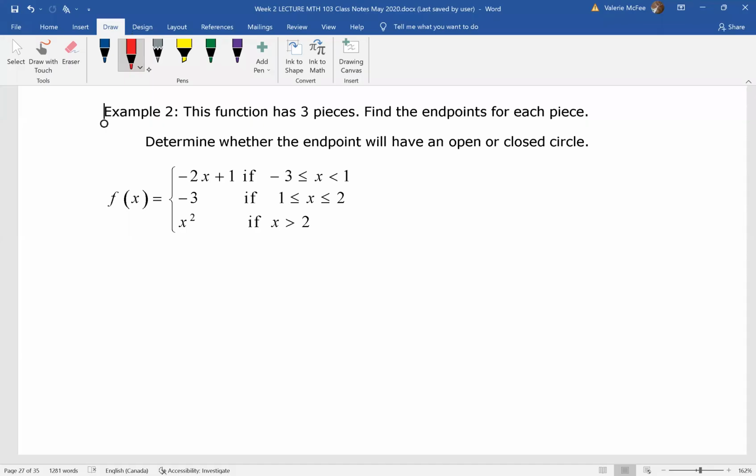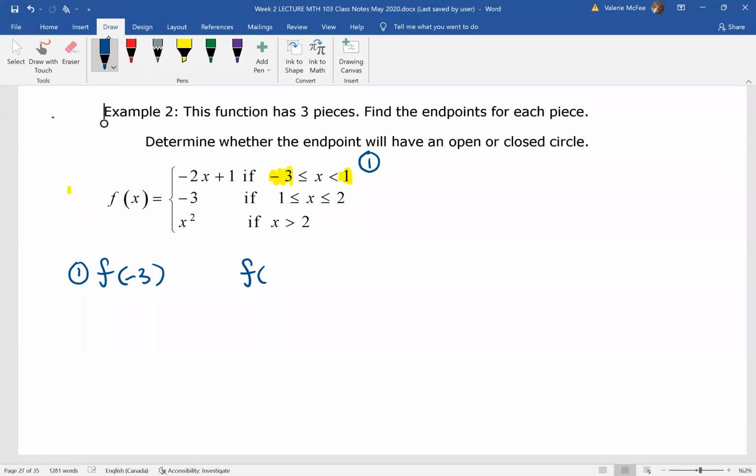Here's a second example. Let's work through this one. We're going to start with the first piece. We see that this one has 2 values of x in the restriction. That means we need to find the f of -3 and the f of 1.